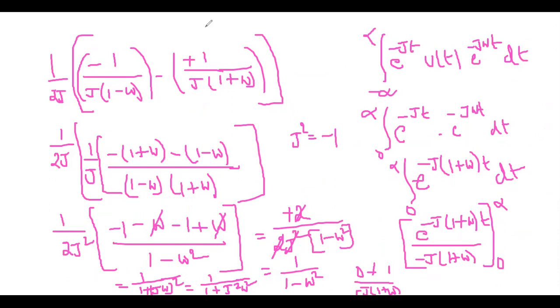Okay, the sine t mu of t. What is the Fourier transformation? The Fourier transformation we got as 1 by (1 plus j omega) whole square.